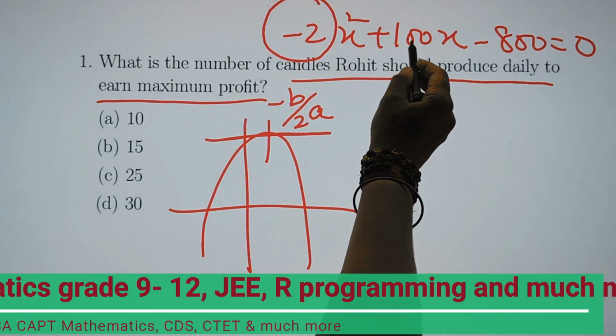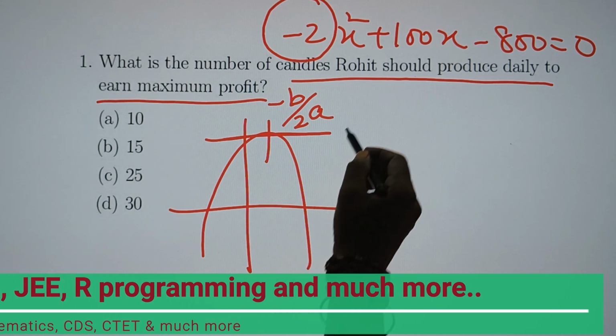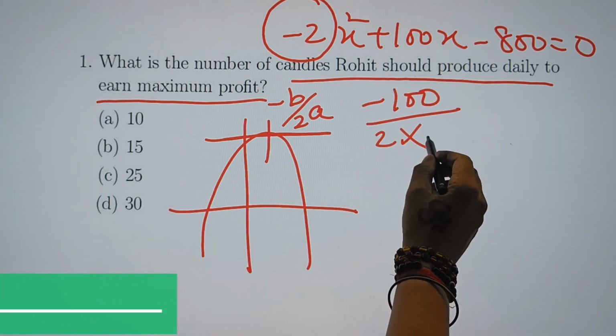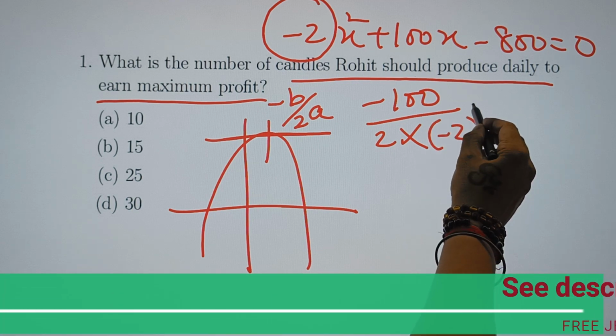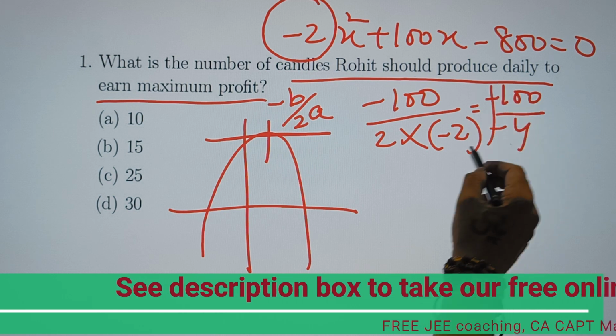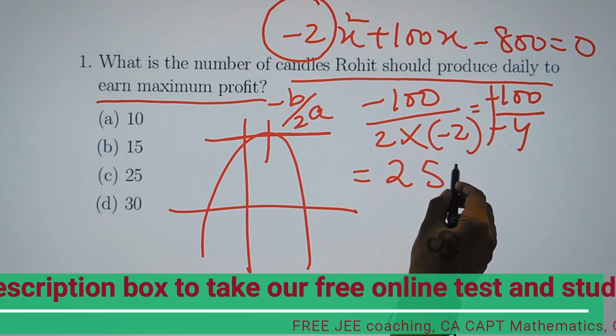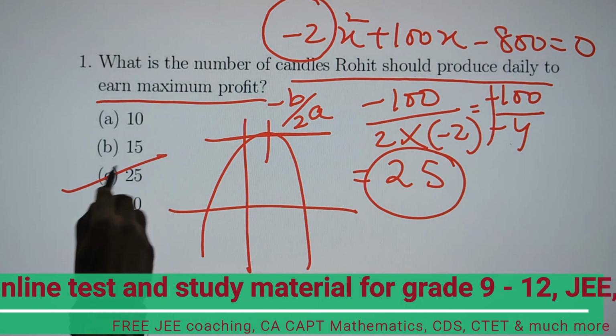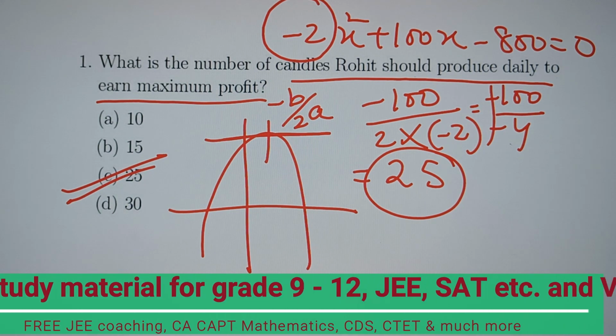Here b is 100, therefore -b will be -100 upon twice of a, where a is -2. So -100 upon -4 is going to give you 25 candles. Therefore we can say that option C is the correct answer here.